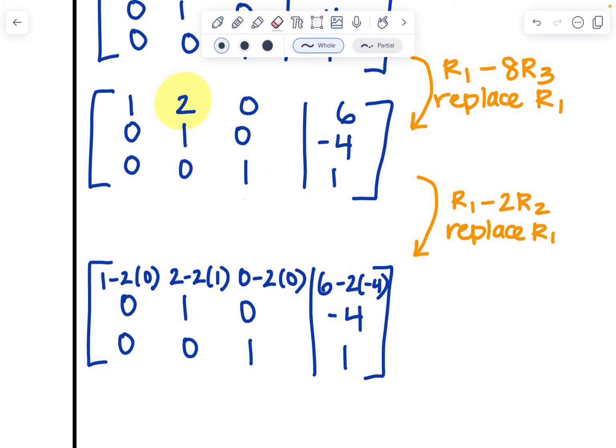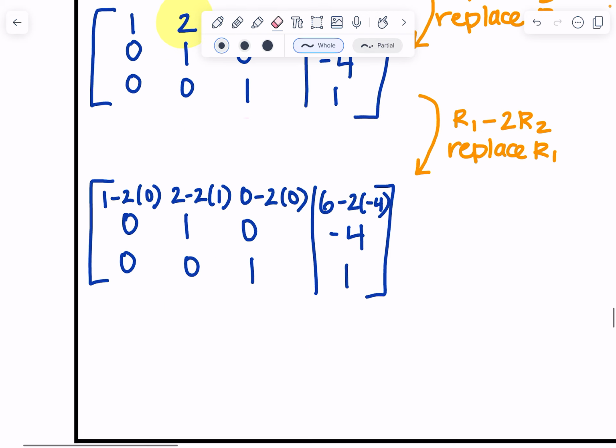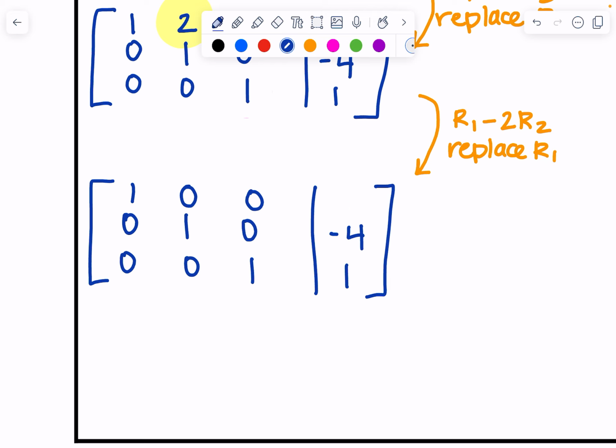Okay, when I actually multiply that out, 1 minus 2 times 0 is 1. 2 minus 2 times 1 is 0, which was our goal. 0 minus 2 times 0 is 0. 6 minus 2 times negative 4 is 14.